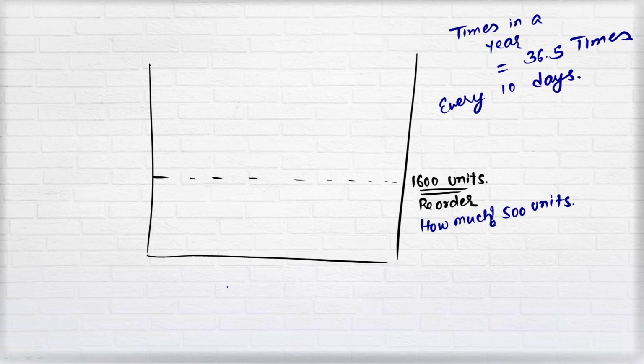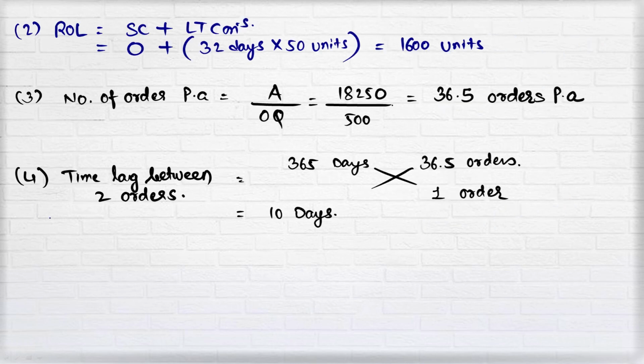If you order every 10 days, then only you will be ordering 36.5 times in a year. So what will be time gap between two orders? It will be 10 days. You have ordered today. Now next order you will be making when? After 10 days. How much you will order? 500. And when you order, what will be your level? 1600. So understanding should be absolutely clear. This is what they have asked.